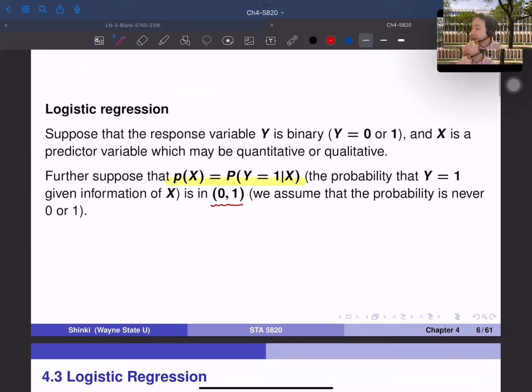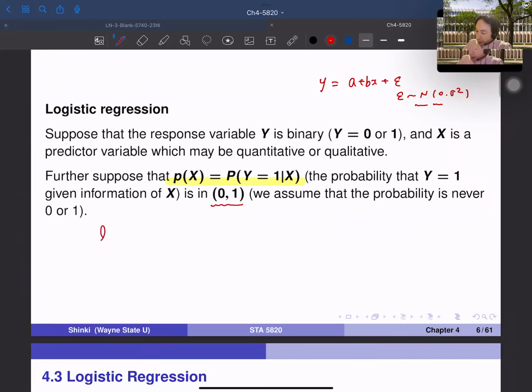In linear regression, we can assume that Y is equal to A plus BX plus epsilon, and epsilon is normal with mean 0 and variance sigma squared. But it's harder to assume the expectation is 0 and also normal, so these assumptions cannot be made for a binary response. That is our motivation.